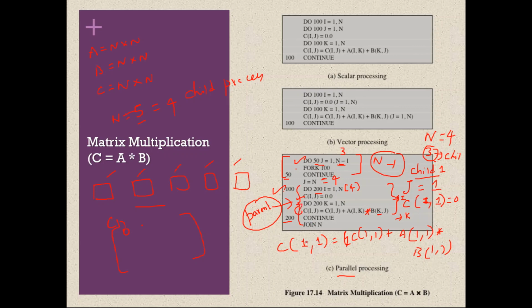So next iteration, what will it calculate? K should repeat for how many times? K should repeat for 4 times, right? So here we are saying do k equal to 1 to n, right? So again it should repeat.